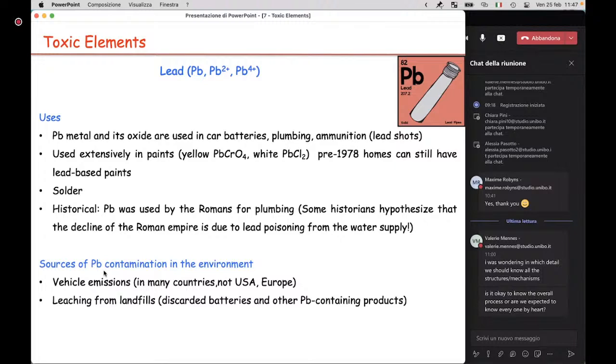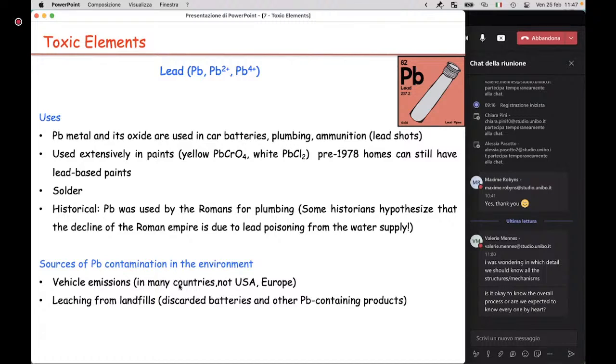Lead was added to gasoline in the past because it was very important to avoid gasoline exploding in the engine during its work, but it has been eliminated for a lot of years, I think about 30 years or so, in the USA and Europe, but it is still used in gasoline in some poorer countries.